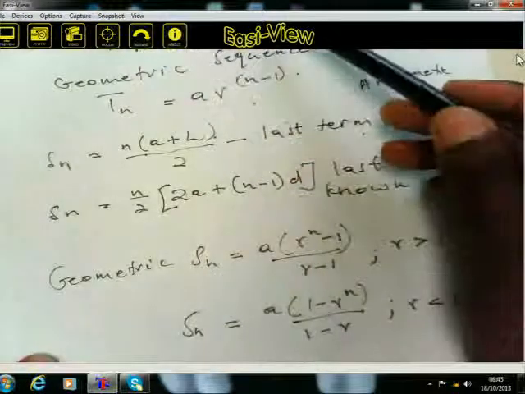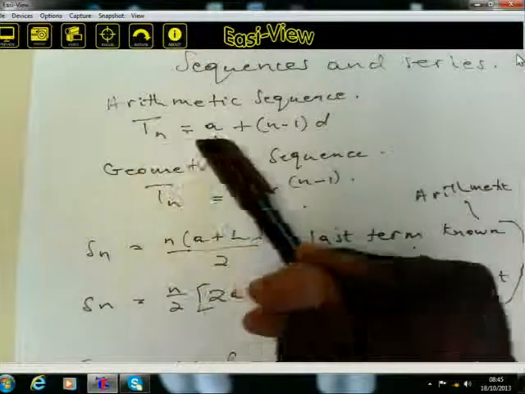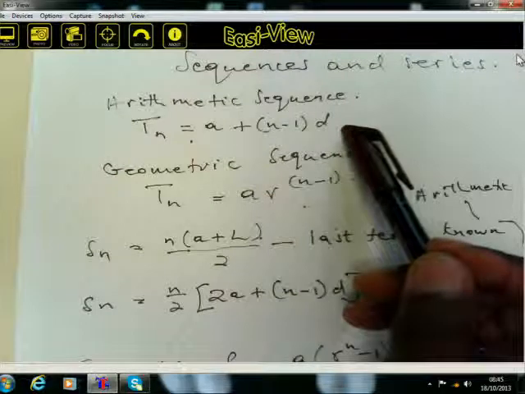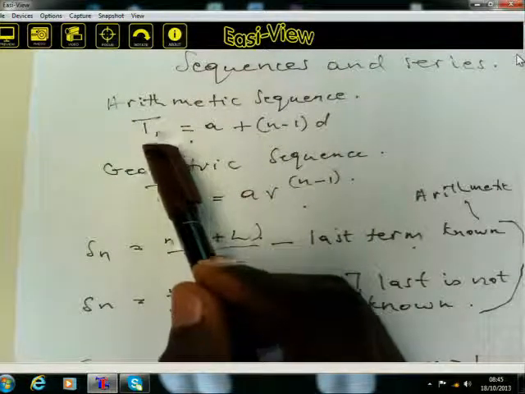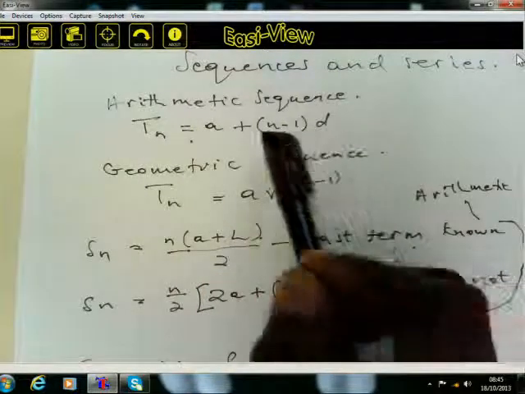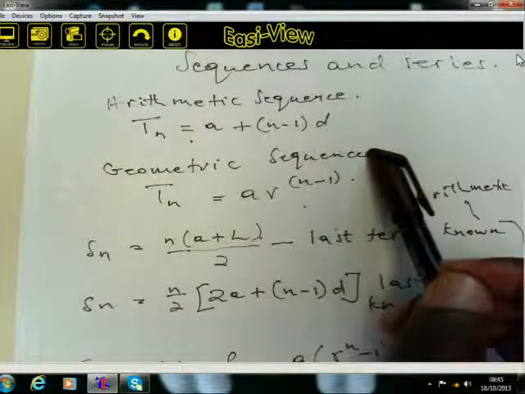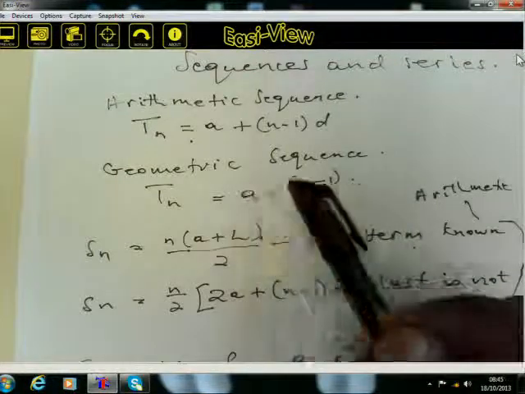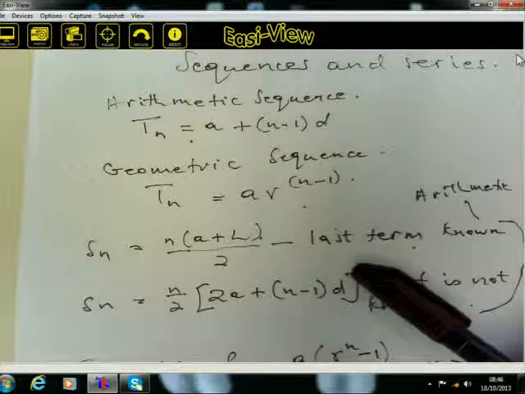For arithmetic sequence, we are going to have Tn is equals to A plus n minus 1 into D. In other words, if you are to get the nth term or the general term, you must have the value of A, the value of n, and the value of D. Now, in a geometric sequence, the nth term is given by A r to the power n minus 1.